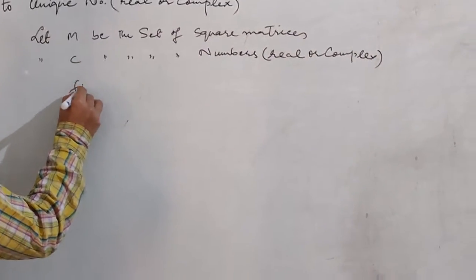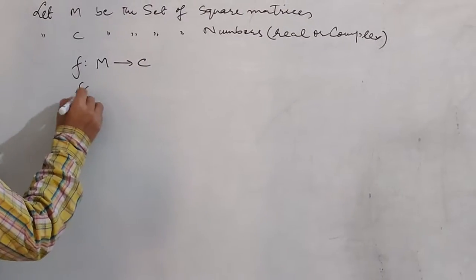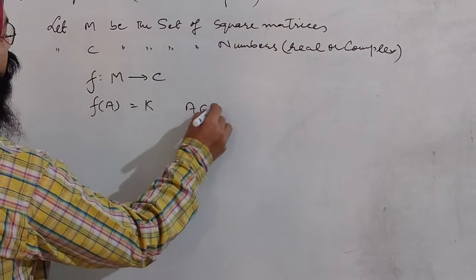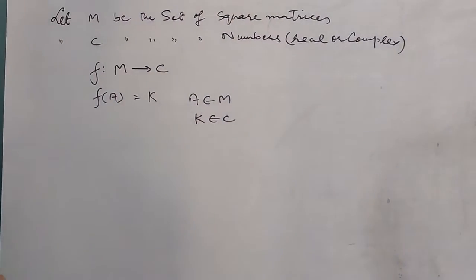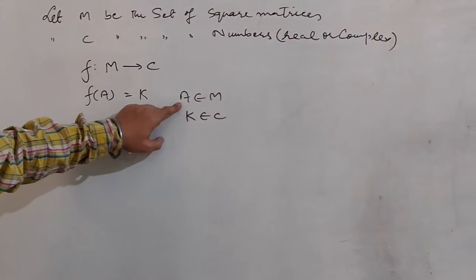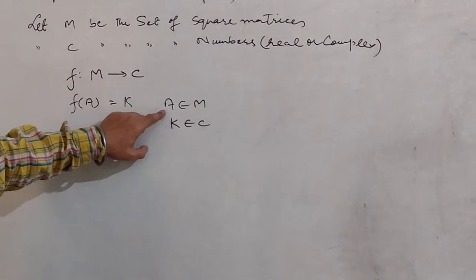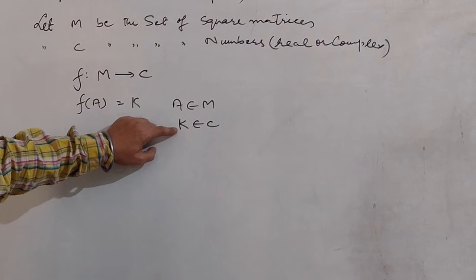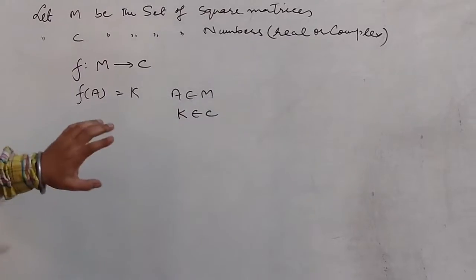You can define a function f from M to C such that f of A is equal to k, where A belongs to M and k belongs to C. It means A is a square matrix taken from the set of square matrices M, and k is any number from the set of complex numbers or real numbers.